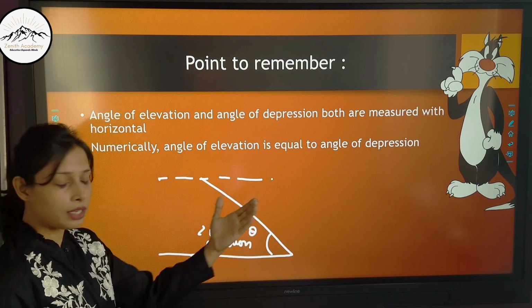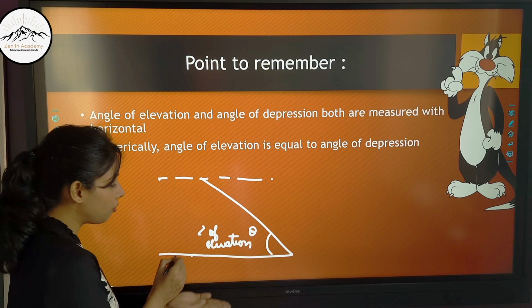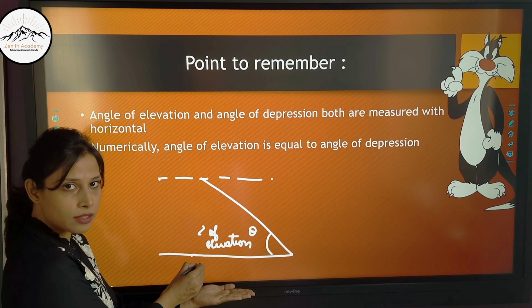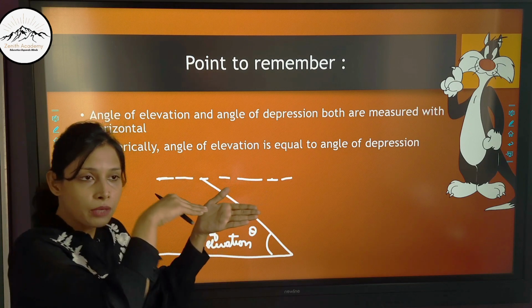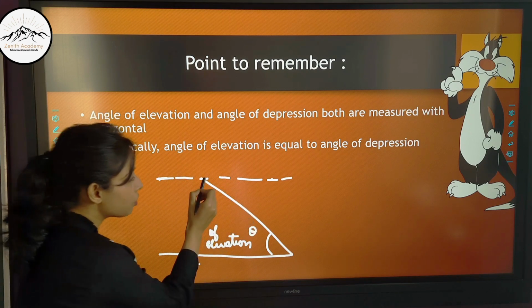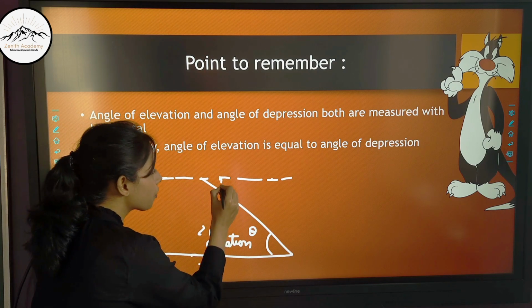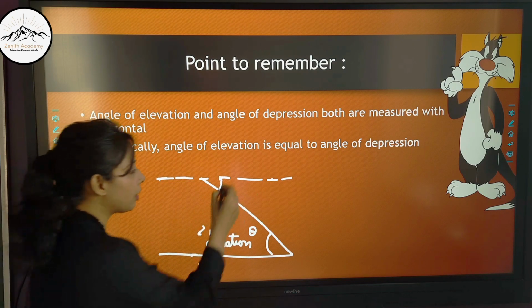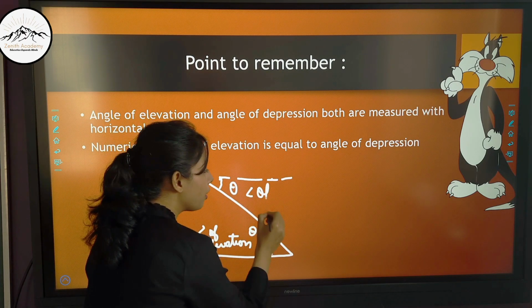Okay, that horizontal line. So it is also parallel to the ground, and in the same way it will be parallel to this line also. From this parallel line, the bird's line of sight was shifting downwards. Okay. So say this was its line of sight. So now what angle was it making? It was making also theta. It was making the angle of depression.